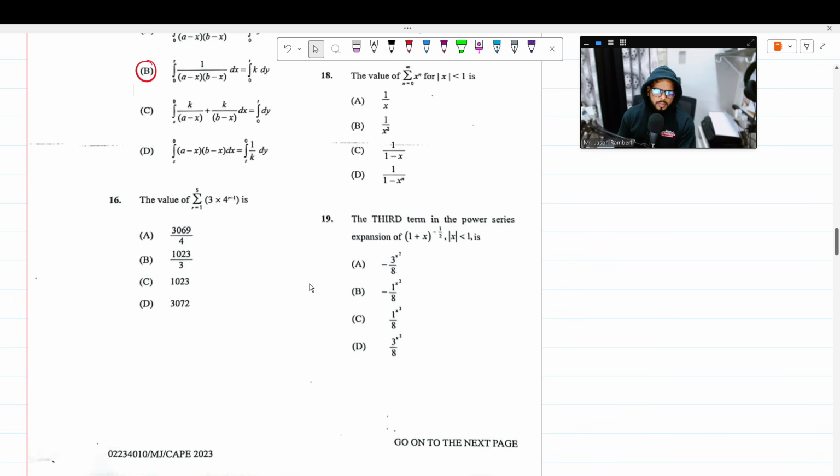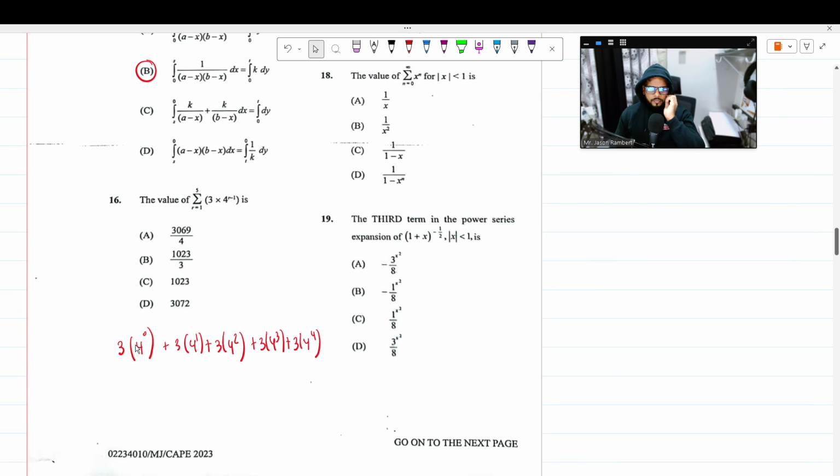We could go and add up all. I think this was 1023, if I'm not mistaken. But let me go ahead and write out each of the terms. So this is 3 multiplied by 4 to the power of 0 plus 3 multiplied by 4 to the 1 plus 3 by 4 squared plus 3 by 4 cubed plus 3 multiplied by 4 to the power of 4.